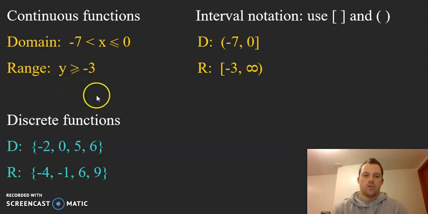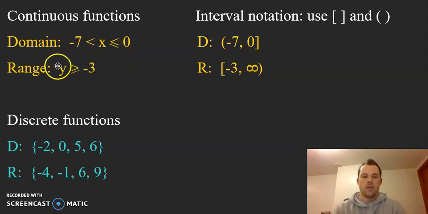This would be for some continuous functions where the graph is connected all the way through, there's no breaks or specific points. So this says that x is anywhere between -7 and 0. It can include 0, but it can't include -7 because we have the or equal to sign here.